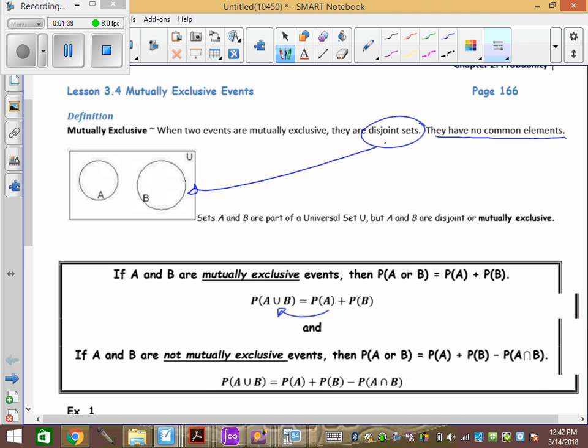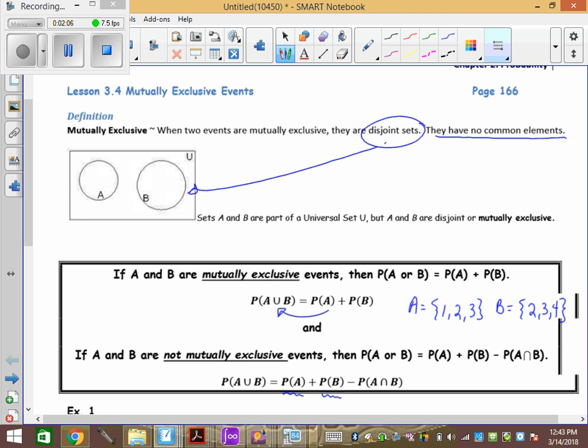This one is not mutually exclusive because if I take all the elements in A and all the elements in B, I have overlap. So what am I doing then? I'm counting an element, possibly 1 or 2 or 3 or a whole bunch of elements more than once. Okay? So what does that mean? If A was like 1, 2, 3, and B was like 2, 3, 4.